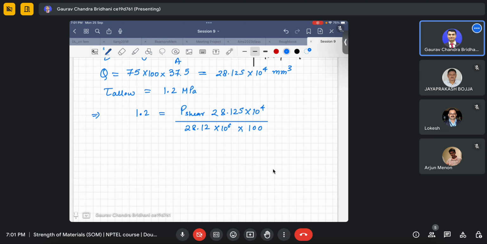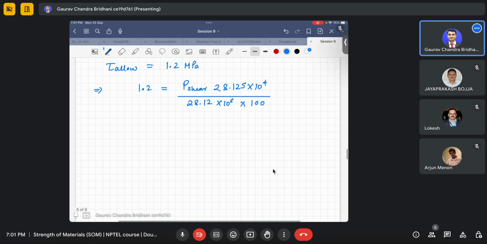Let's see what value comes from here. I think we can cancel these two, and this we can also cancel, so it will also be 100. Then this will become 120, and I think it will come around 12 kilonewton.